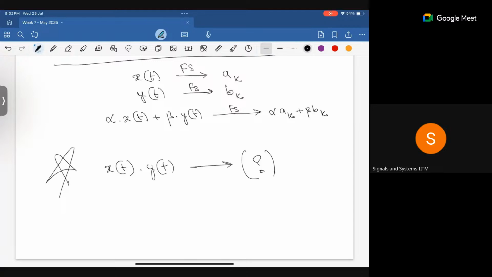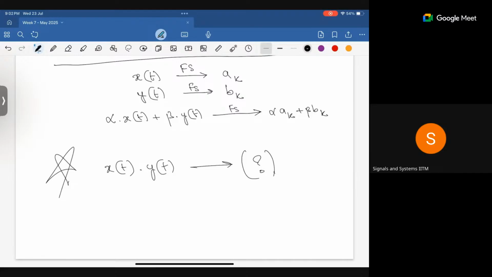Unfortunately, it will be the convolution, which we all get confused by. So that's about week 7 majorly.